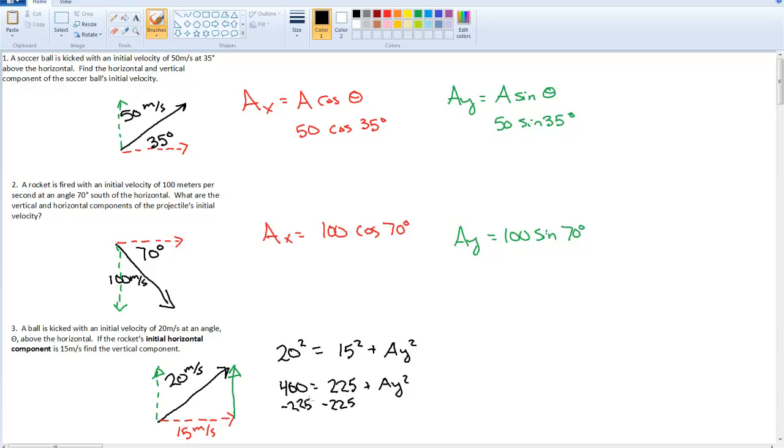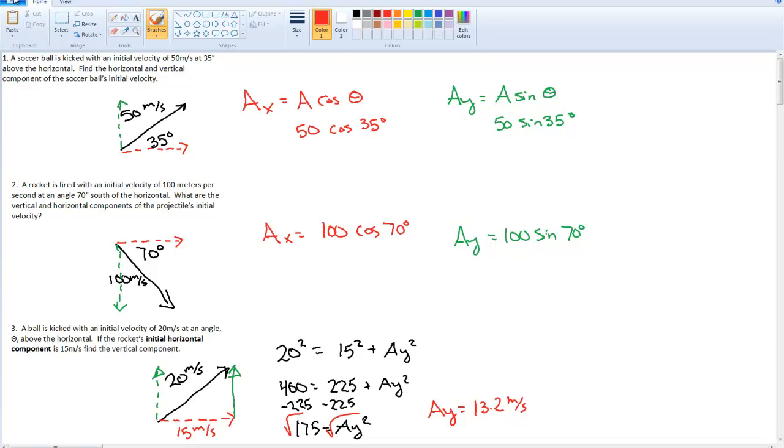So 175 is equal to Ay squared. Take the square root of each side, and you're going to get that Ay is equal to 13.2 meters per second. All right, so that's questions 1 through 3.